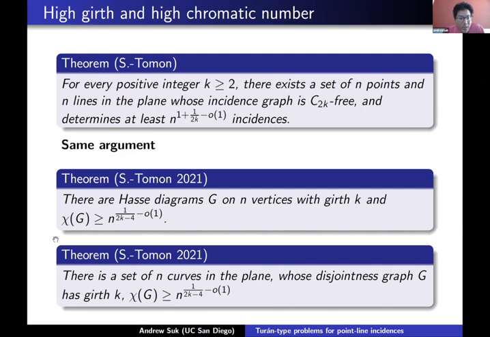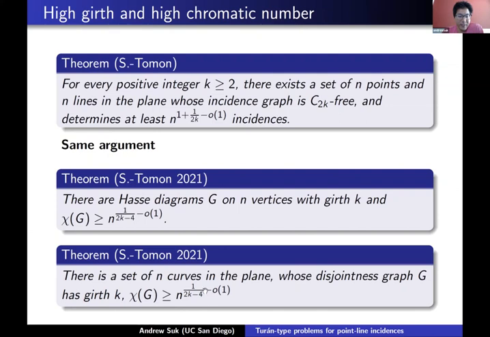And so it's known that there's a close relationship between Haase diagrams and disjointness graphs of curves. And so as another corollary of this result, we show that there is a set of n curves in the plane whose disjointness graph has high girth, and its chromatic number is also quite large.